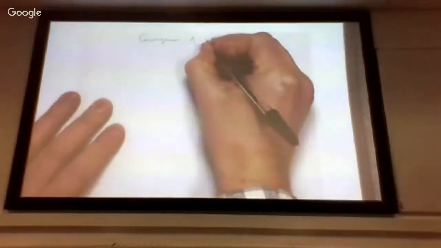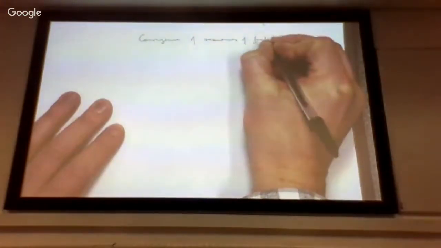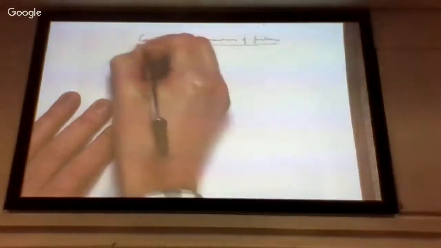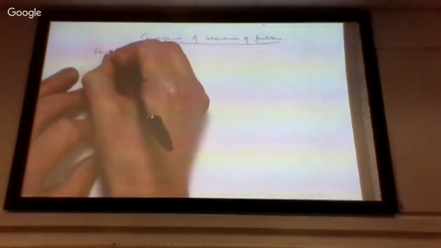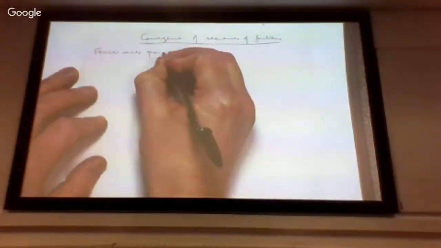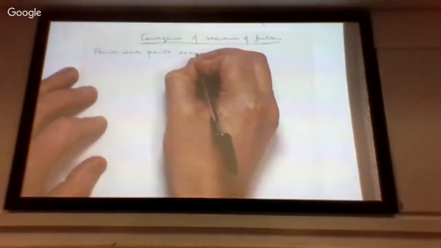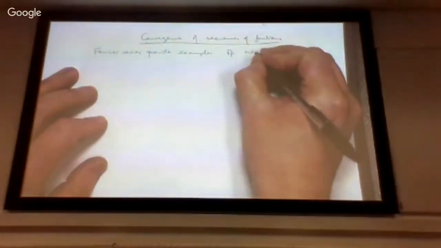So this is convergence of sequences of functions. Just to make it clear, Fourier series provide examples of sequences of functions.